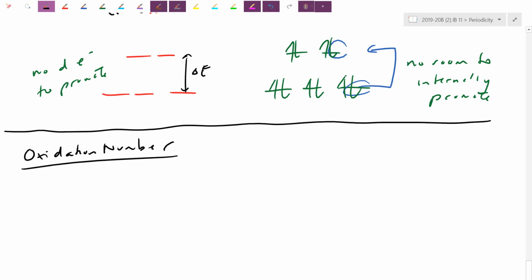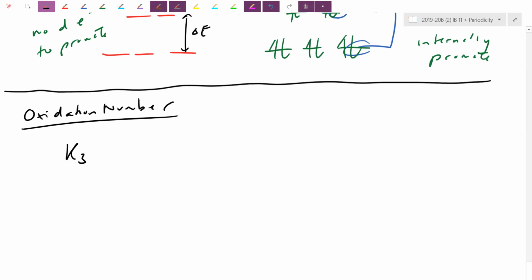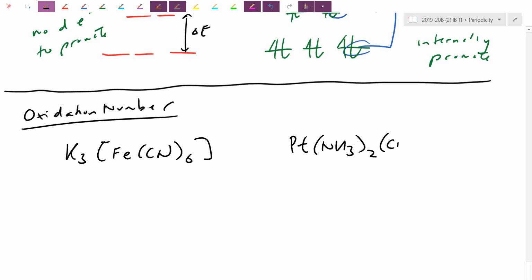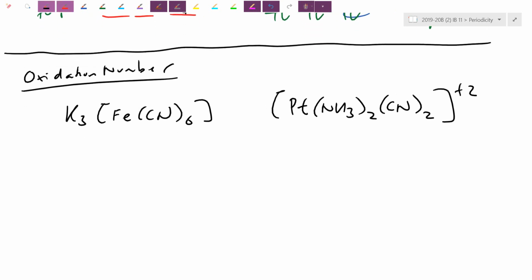Just as a question here, let's do the ionic compound K3[Fe(CN)6], and let's do [Pt(NH3)2(CN)2] with a plus 2. So they gave me just 2 random complexes here. What they're going to ask you to identify is the charge on the complex, the charge on the ligand, and the charge on the transition metal.